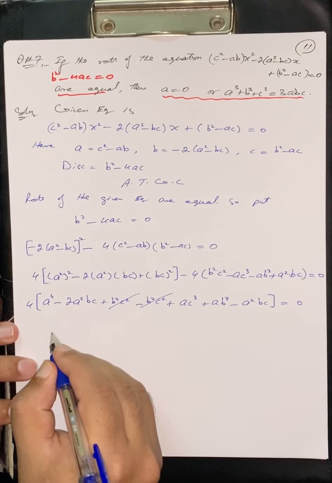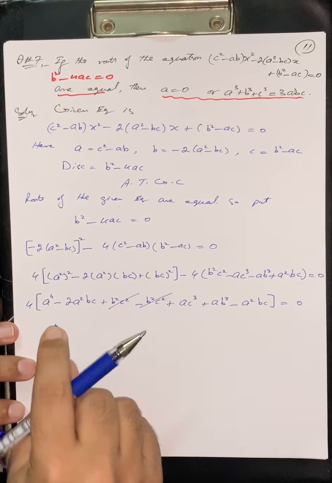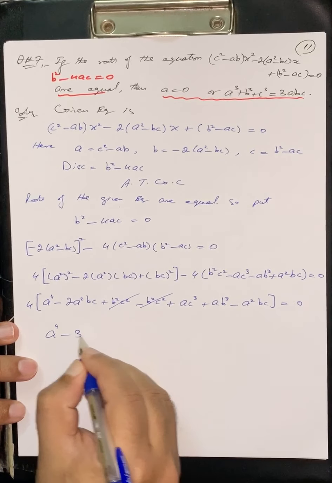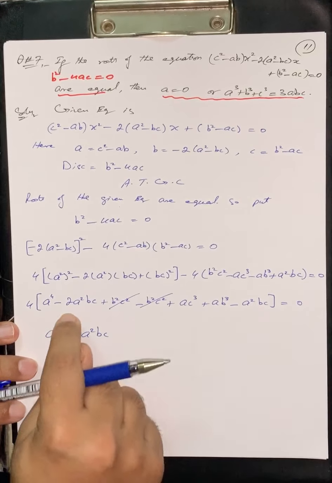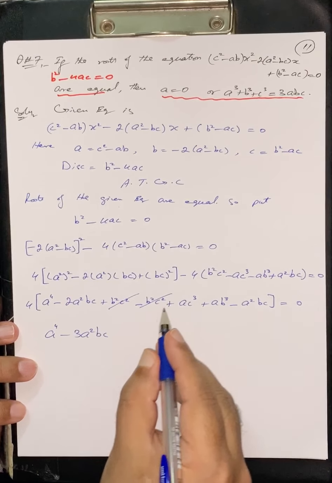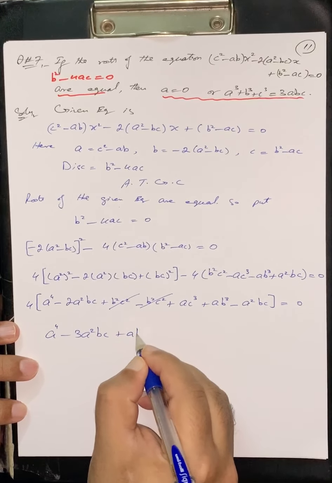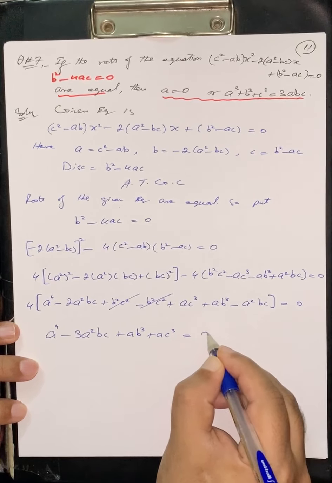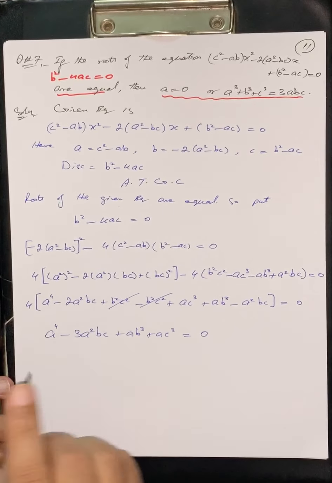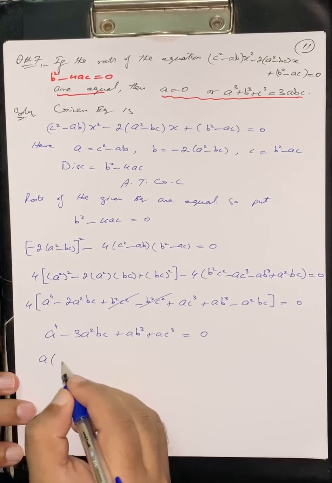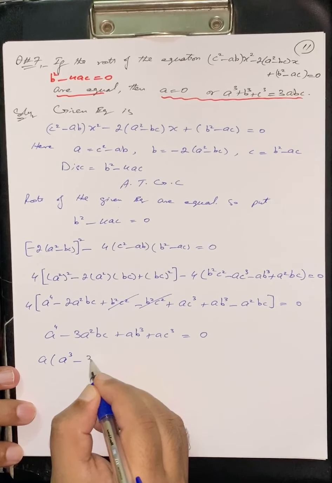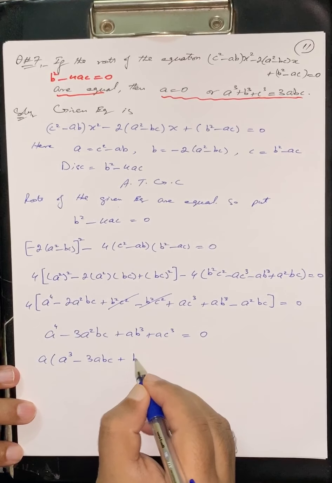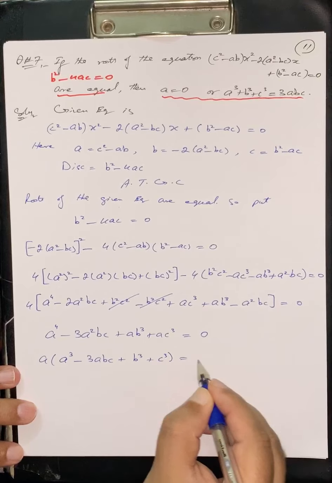Remaining, we write all of it: a power 4 minus 2a square bc minus a square bc gives minus 3a square bc, since minus 2 minus 1 is minus 3, then plus ab cube plus ac cube equals to 0. From all, we take a common. When you take a common, a cube minus 3abc, with 1 a left, plus only b cube left, plus c cube left equals to 0.